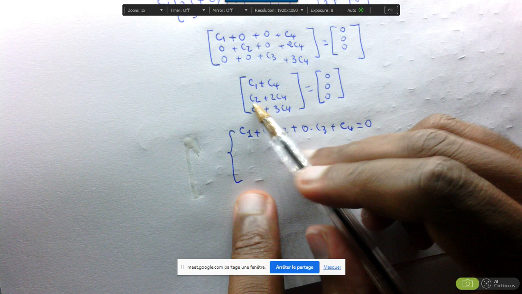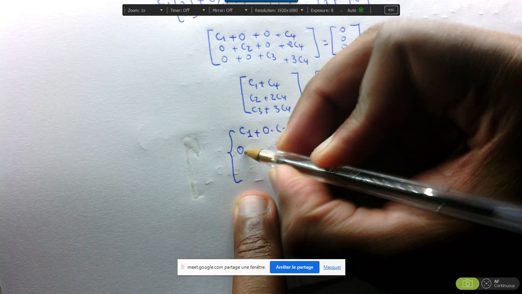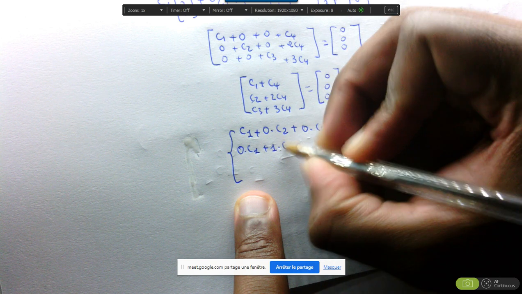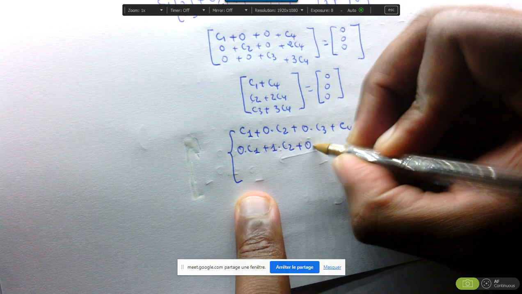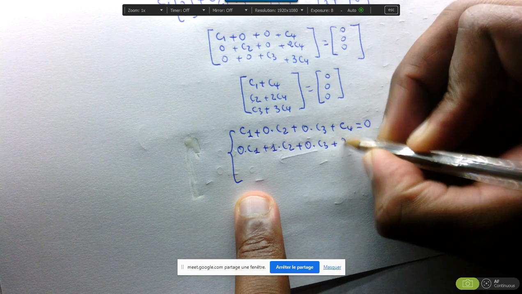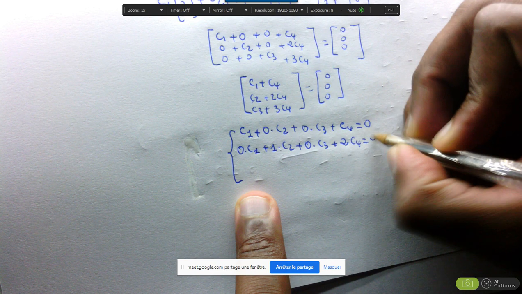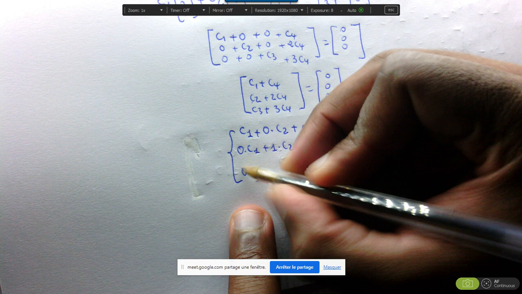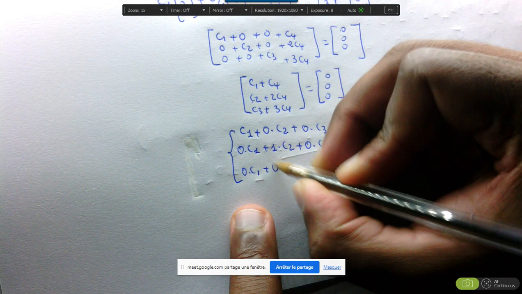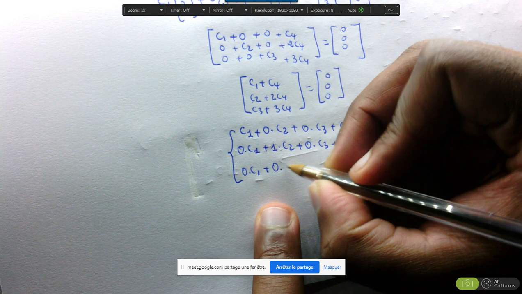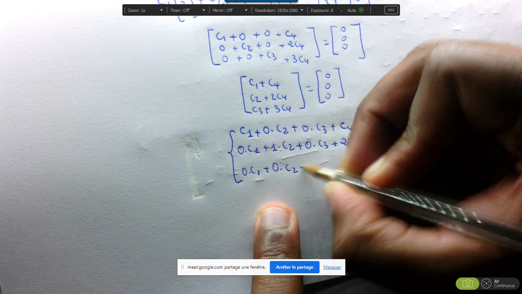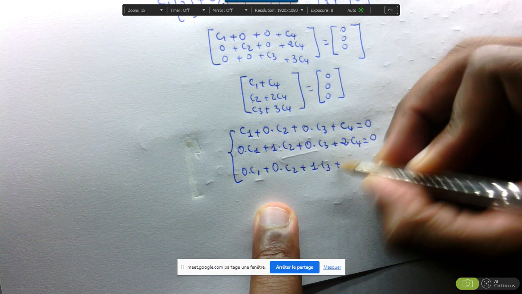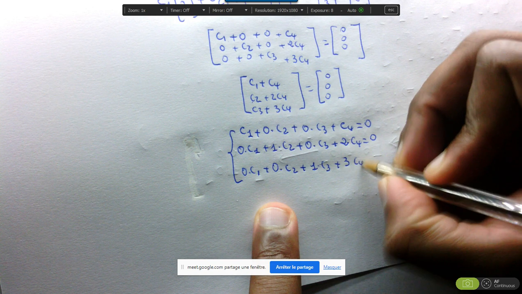Here 0 C1 plus 1 C2 plus 0 times C3 plus 2 times C4 equals 0, and 0 C1 plus 0 C2 plus 1 times C3 plus 3 times C4 equals 0.